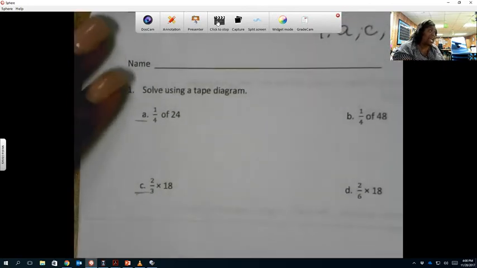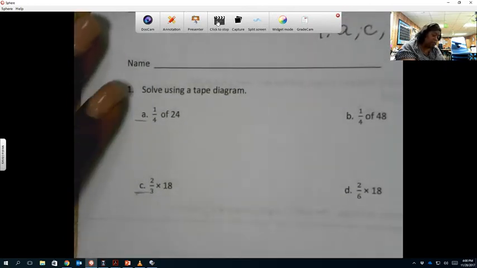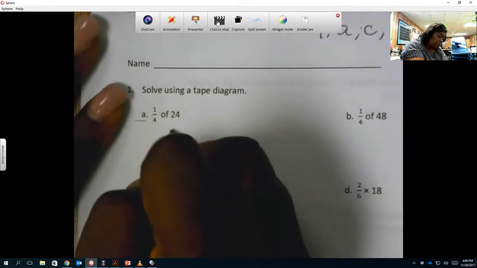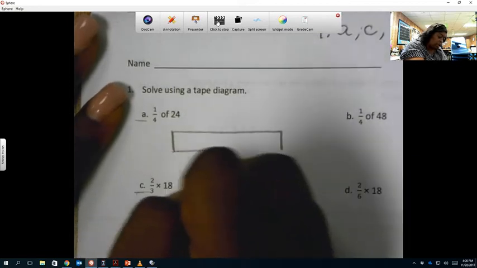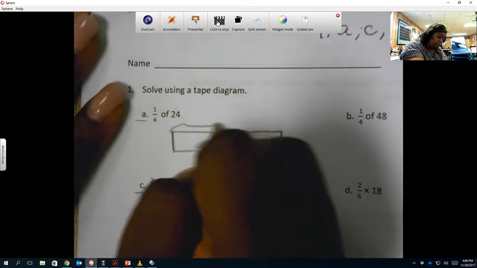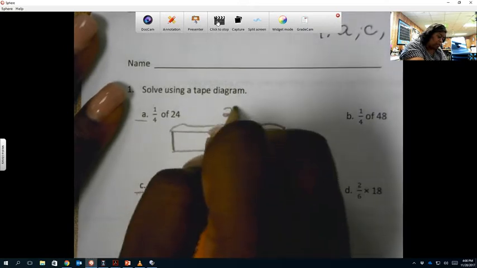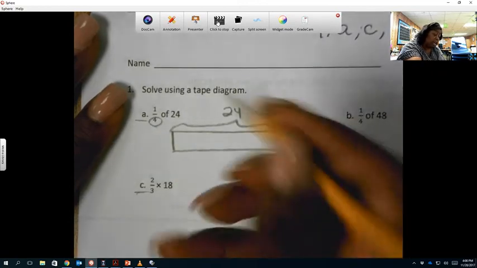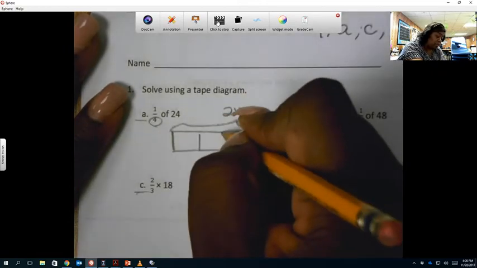Let's start with A. A says 1/4 of 24. I'm going to start with my tape diagram. Start with your rectangle. This represents the whole amount, 24. The 4 in the denominator tells me that I'm going to have 4 units.